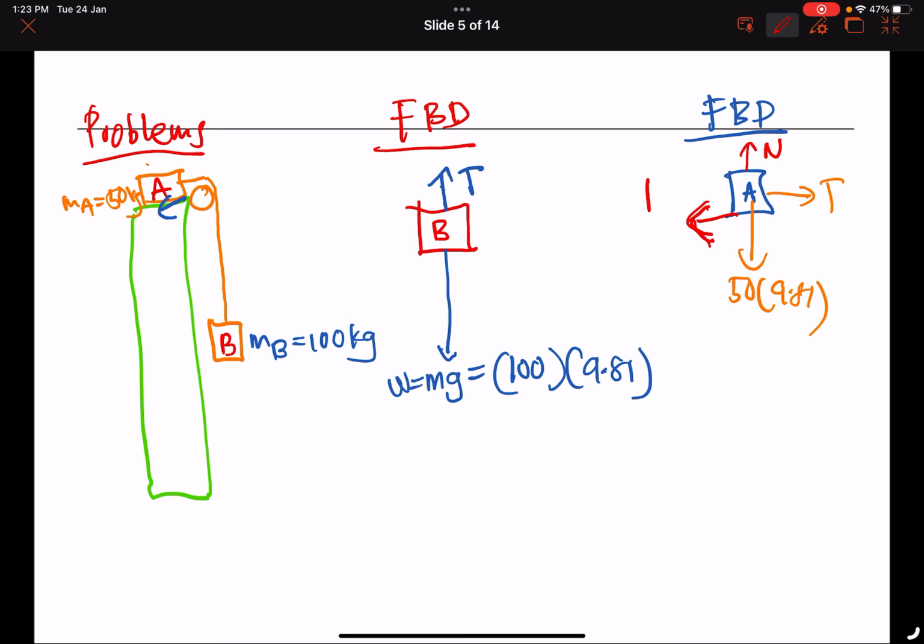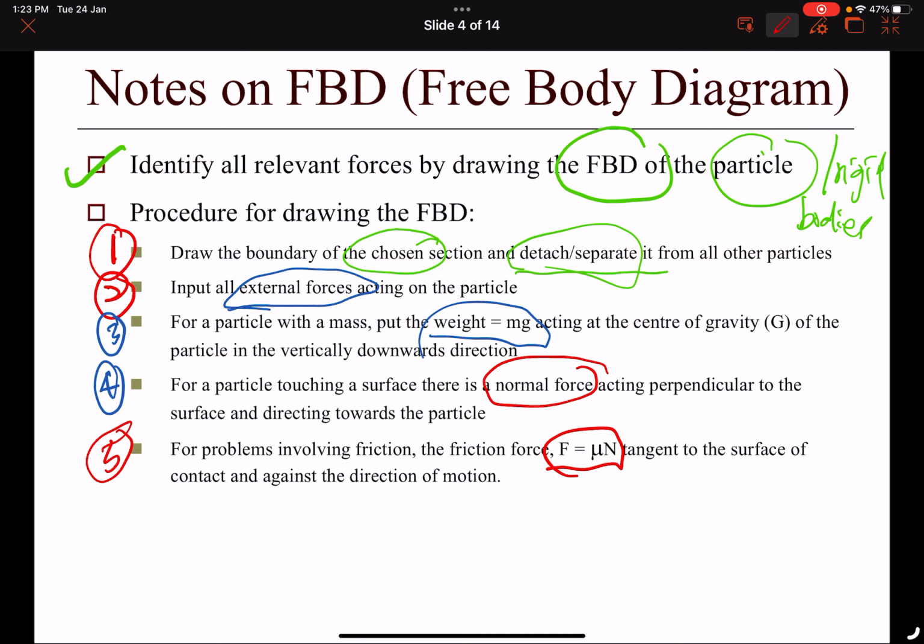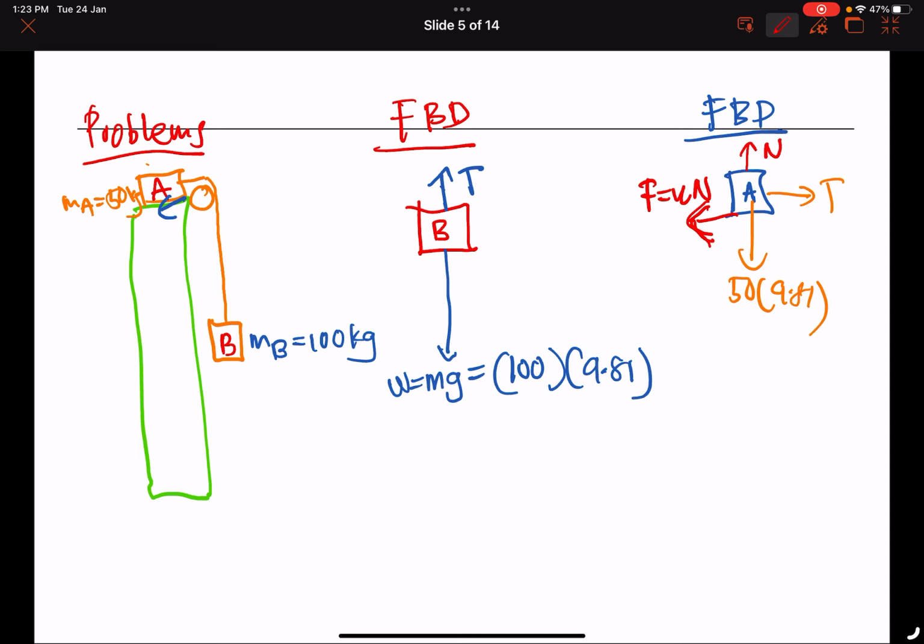So you have to put this one, mu N. So this is mu, which in some cases is given, at the touching surface between two particles or rigid bodies. All right, so this is the FBD for B and also A.